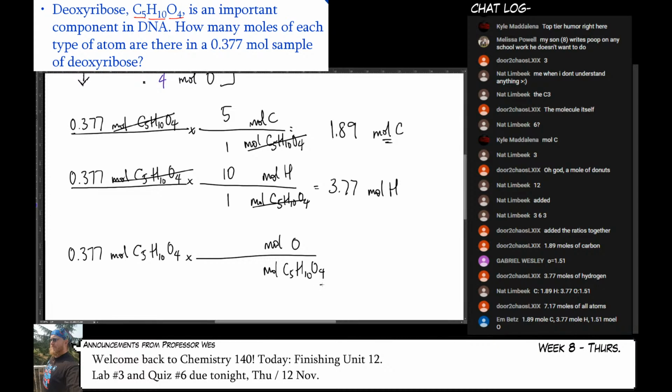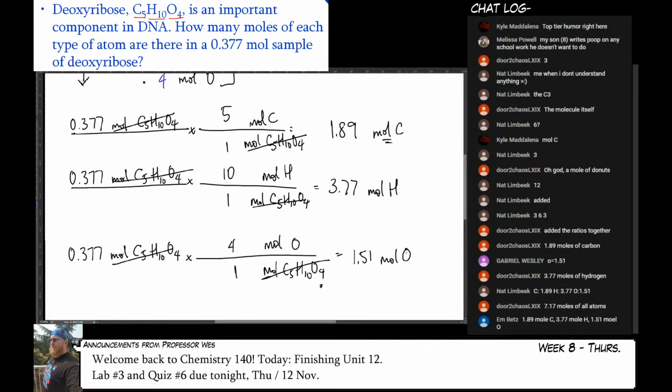And then for the last one, we would put 4 moles of oxygen. And that one I can't do in my head. So let's see here. 0.377 times 4. 1.51 moles of oxygen. There you go. So that's how we do that.